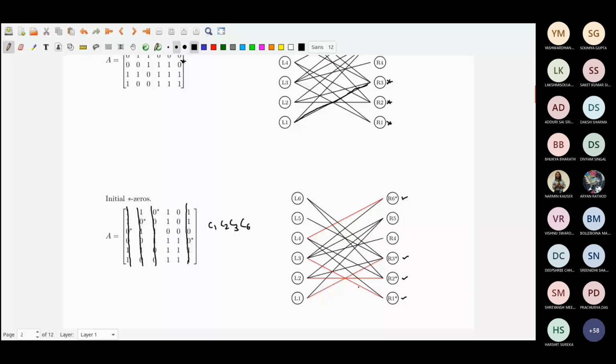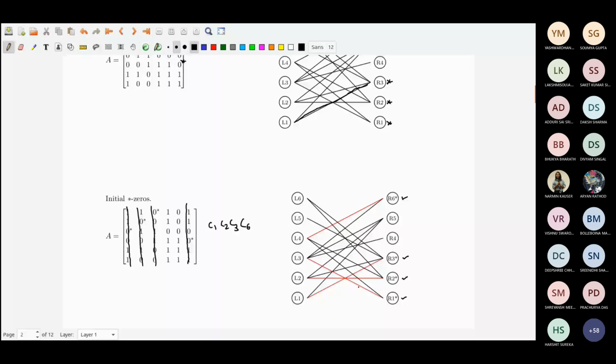When I have a set of vertices, I say they cover all the edges if every edge has an endpoint in it. So basically I am looking for an edge, which essentially means whether all the zeros are covered. So this is not the case.